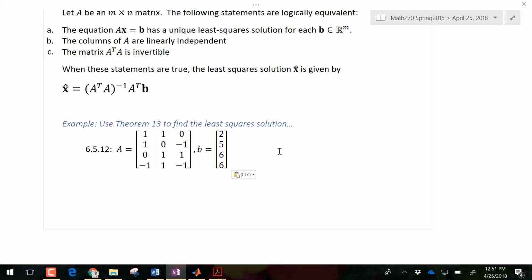The solutions, by the way, would be in R3 somewhere, right? That's the number of columns. So our solution x or x hat should be coming from that vector space. We have to find the inverse of a 3 by 3 matrix, it looks like. It's okay, we have that.